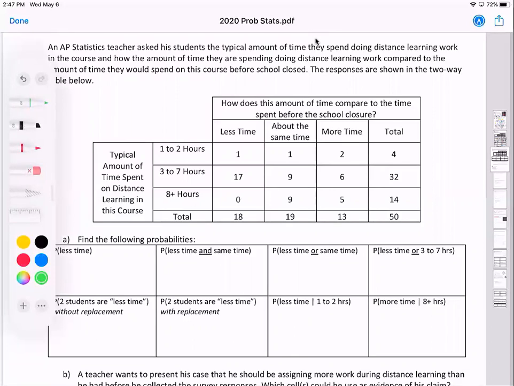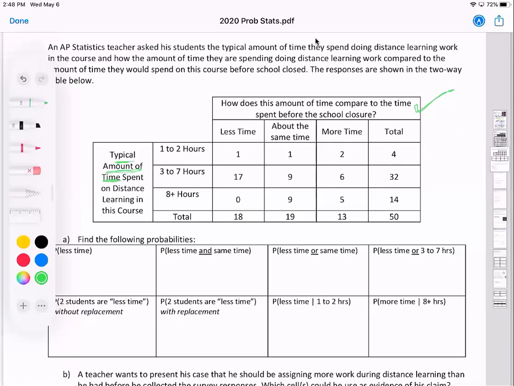So we have an AP Statistics teacher, guess who, who asked his students the typical amount of time they spend doing distance homework in the course, AP Stats, and how that compares to the amount of time they spent on the course before school closed. This top variable is the same as in the last video, but now instead of when you're going to bed, it's how much time you're typically spending on the course in 1 week.